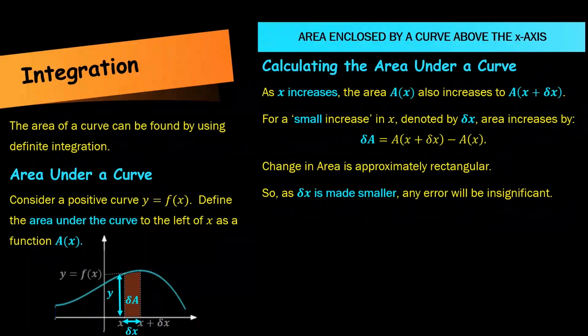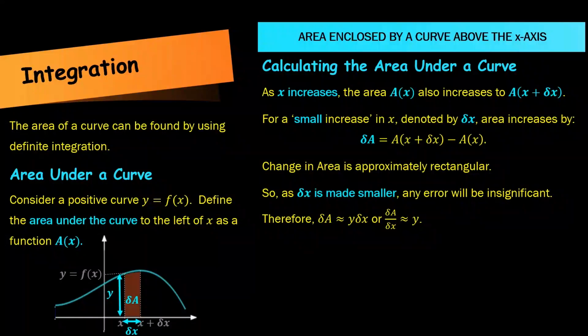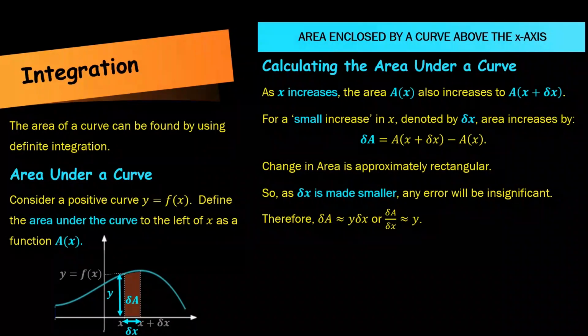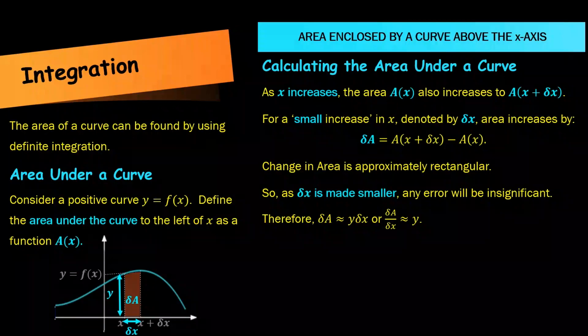Therefore, delta A is approximately equal to the width times the height of the rectangle. In other words, delta x times y, or y times delta x. And if we rearrange this, we obtain delta A over delta x is approximately equal to y.